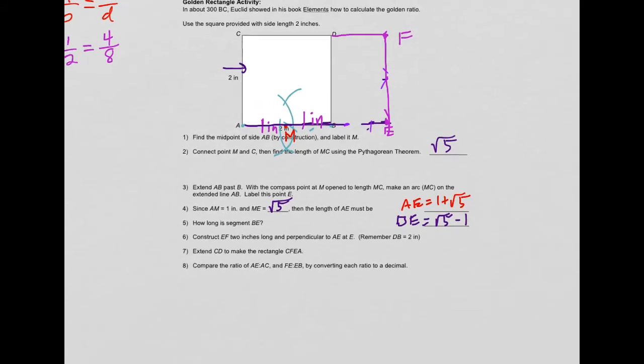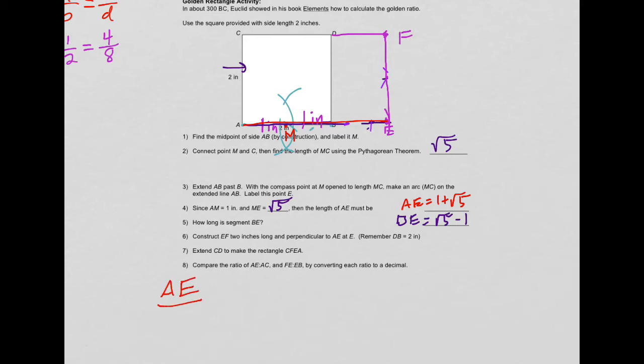Okay, we're going to back up a little bit here so we can get a better view. Well, let's take a look at AE over AC.